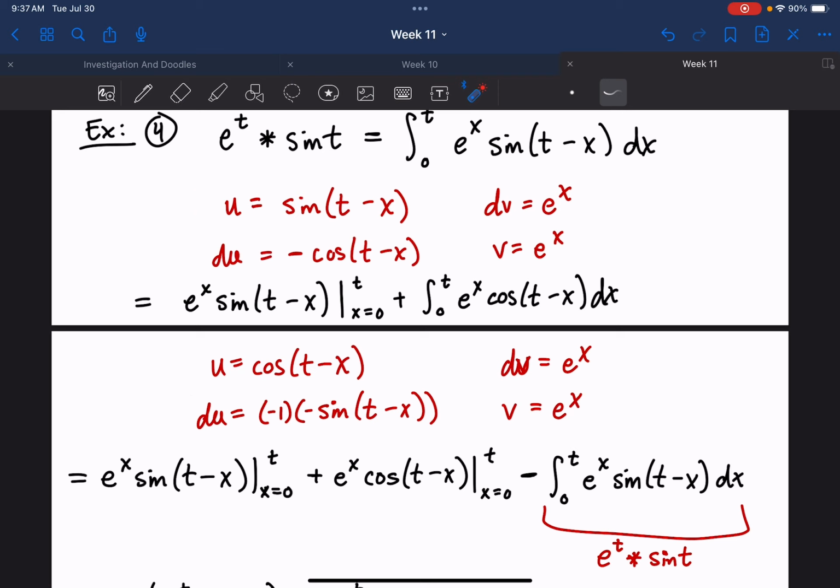U times v minus v du. Now we get this. And if we notice, the convolution product of e and sine t is this integral, which means this integral here is also the convolution of e and sine. And we just need to evaluate these things. These are not hard to evaluate, though.